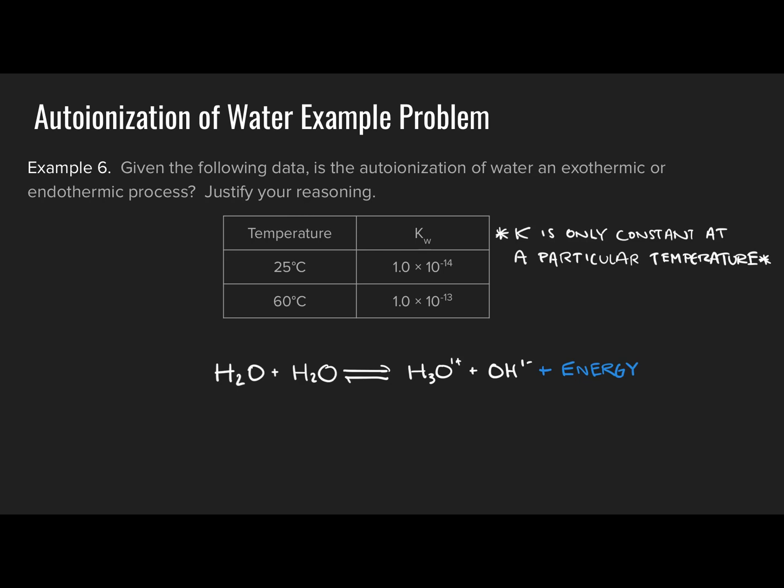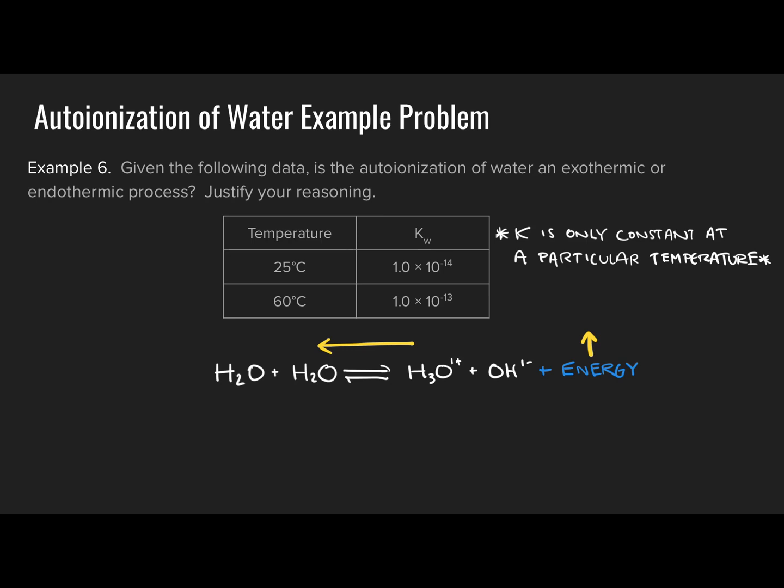As we recall from our discussions of Le Chatelier's principle, if we see an increase in temperature, that increase is supplying more energy into the system, which then could be used to drive the endothermic direction reaction, as an endothermic process is a process which consumes energy.